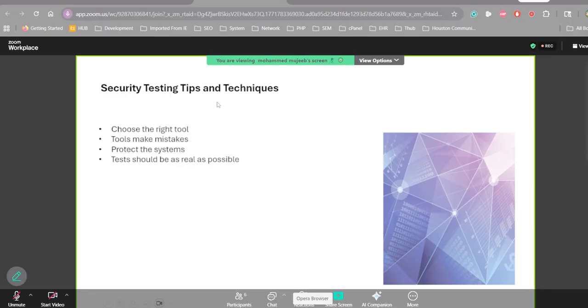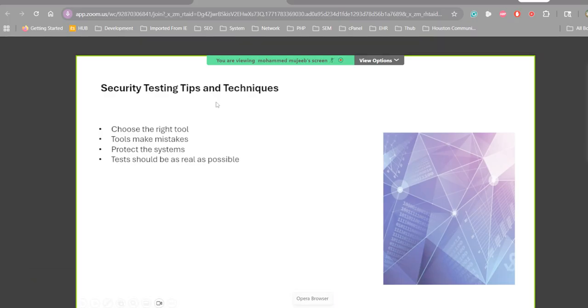Security testing tools and tips. Choose the right tools. Tools are very important, right? Tools make mistakes, so protect the systems, and tests should be as real as possible. Remember that you cannot rely 100% on tools. You have to identify those mistakes and use the appropriate tools. If one tool is not satisfying your control, move to another, because there are so many tools in the market.